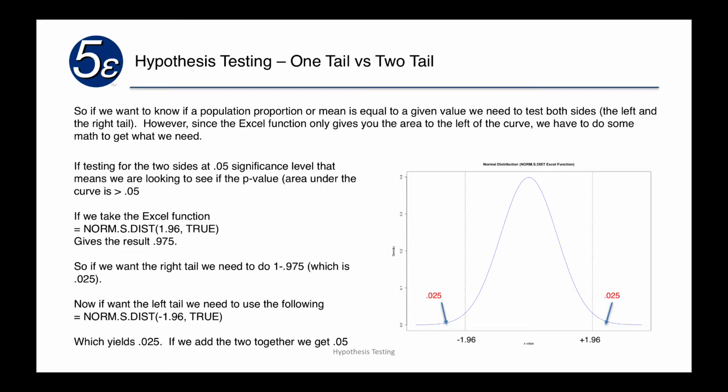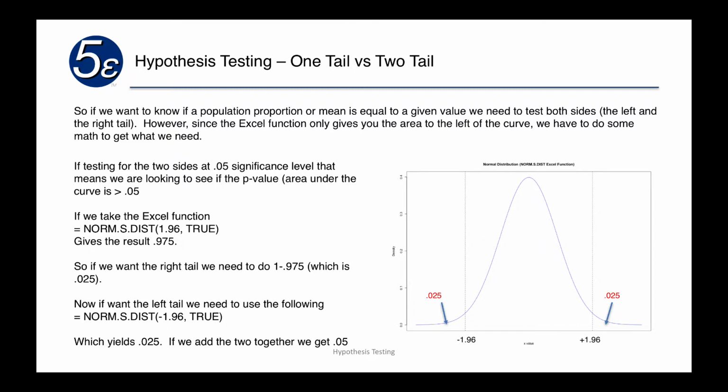If testing for the two sides at the 0.05 significance level, it means that we're looking for a p-value of the area of the curve at that level. It means that the total area on the right and the left will be equal to 0.05, which means that we're actually going to be doing 1/2 of the area under the curve, because the total area is 0.05, so each tail will be 0.025.